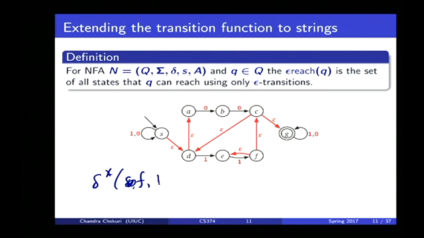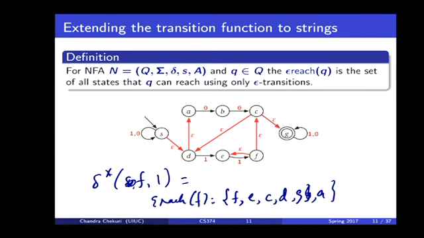What is this? Remember, 1 is a string of length 1. Well, first we go on epsilons from F. Where all can I go? First I go on epsilon. So what is the epsilon reach of F? F, E, C, D, G, and A too.